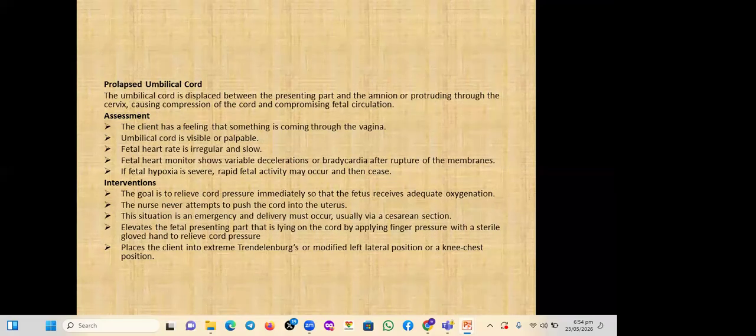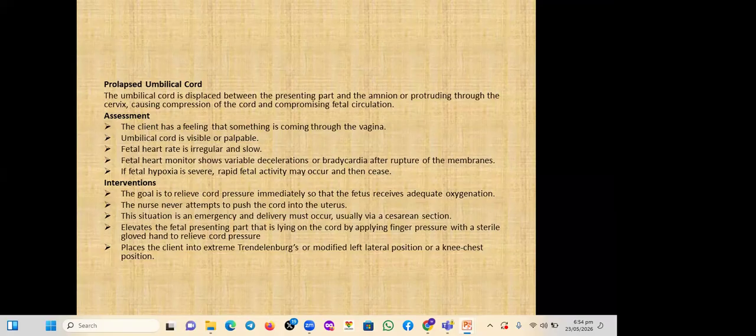But if let's say there's meconium stain, infection has set in and all that, then there's a need for the baby to be delivered. Of course, cesarean section will be done, and the baby will be taken off to prevent further complications. And so at that point, there is a preterm labor that is also a concern. I hope you are getting me.